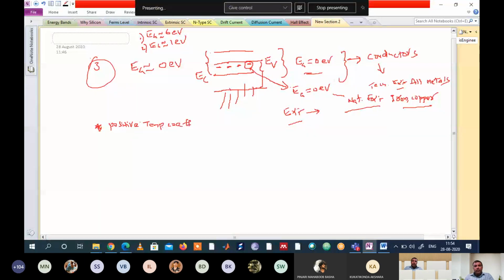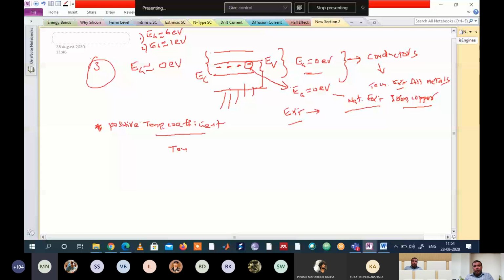All metals, all conductors have positive temperature coefficient. What is this temperature coefficient? I told you, it is a relation between temperature and resistance.